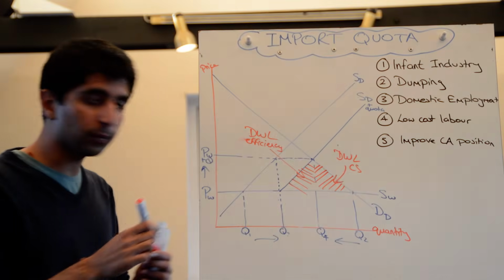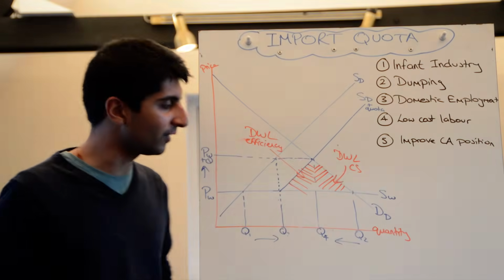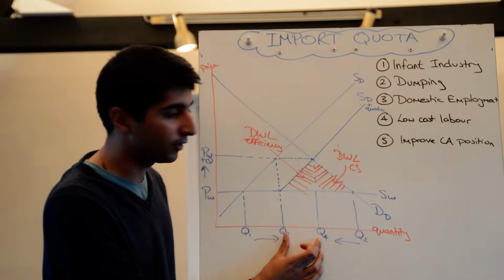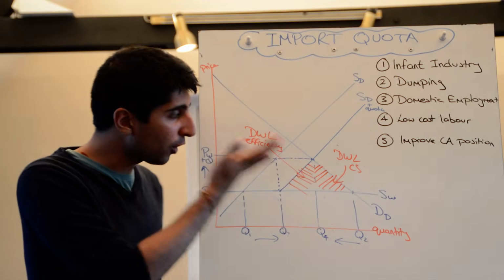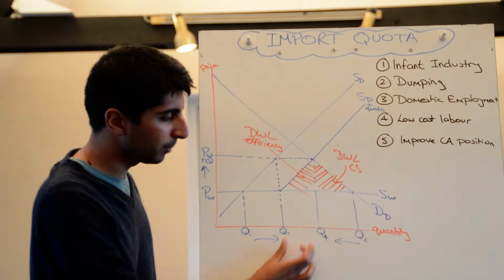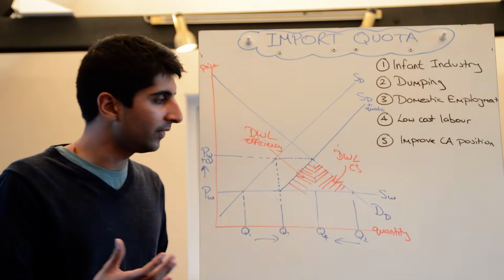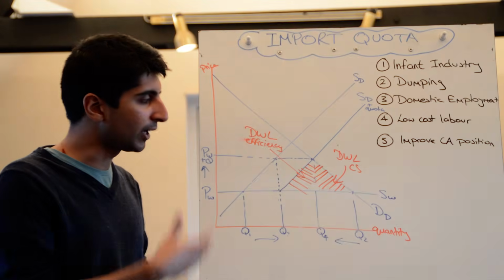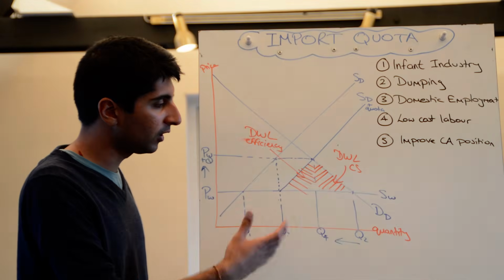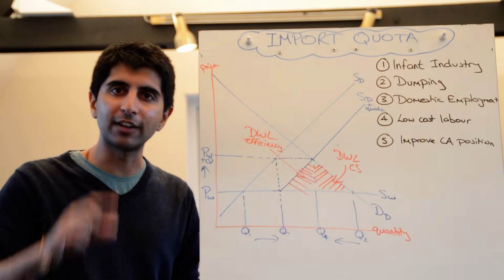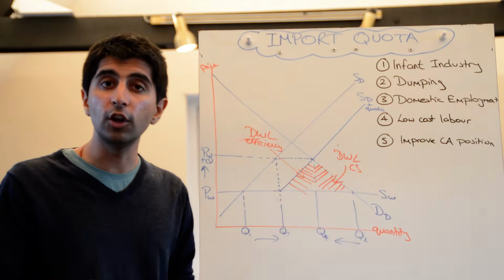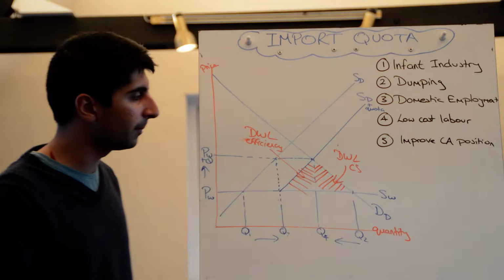Okay, so that's a deadweight welfare loss, a loss of efficiency, as domestic suppliers are producing at a higher cost. Remember, supply tells you the marginal cost. They're supplying these units at a higher cost than what it would have cost world suppliers. They need more resources. They need a greater price, a greater cost to produce these units compared to world suppliers who are way more efficient, who have the comparative advantage here.